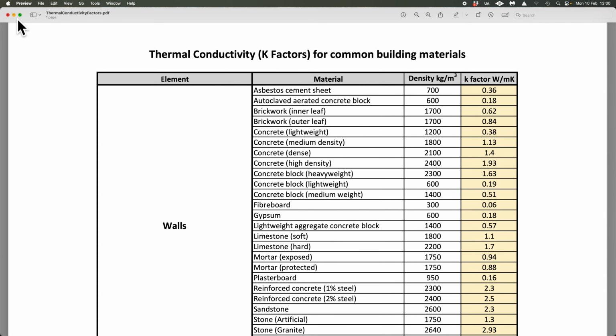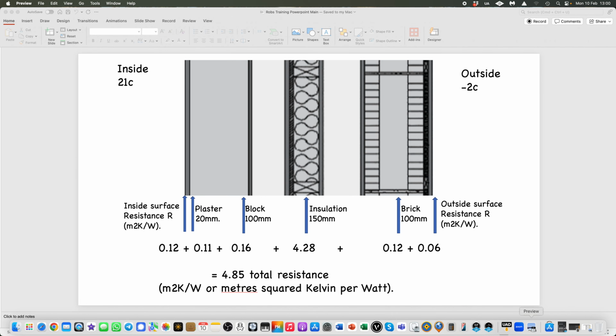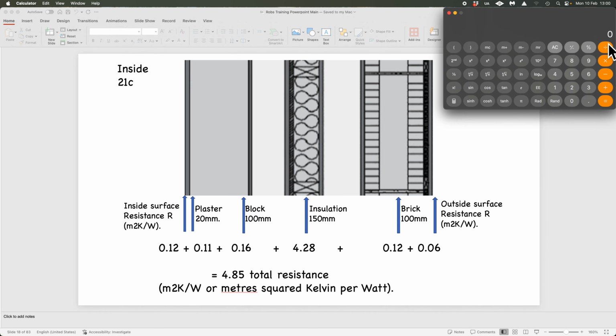So if we've got 1.4, we'll come back again to our calculator, and we've got thickness divided by conductivity, so it'd be 0.1, which is your thickness if it was 100 millimetres thick, divided by 1.4. Okay, so that's 0.07 of resistance. So we've used something that is in between the two to get that figure. But you get the point. Calculators don't lie as long as you input the correct data.